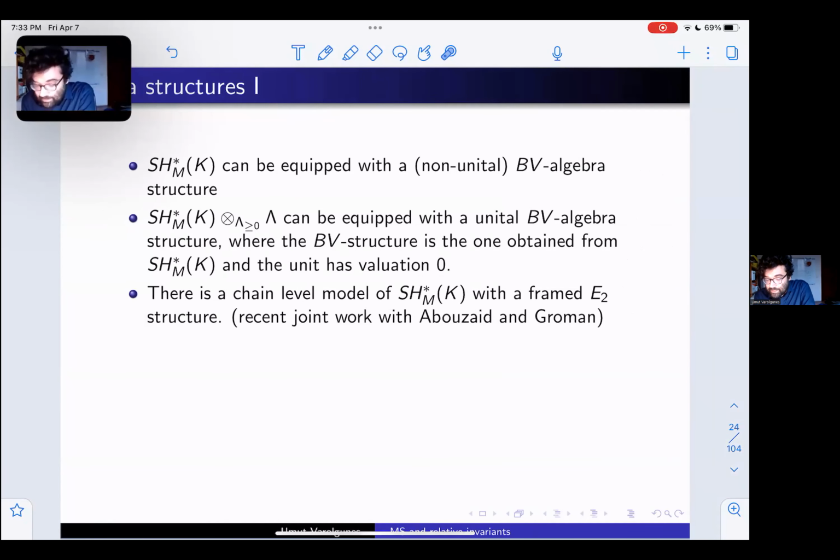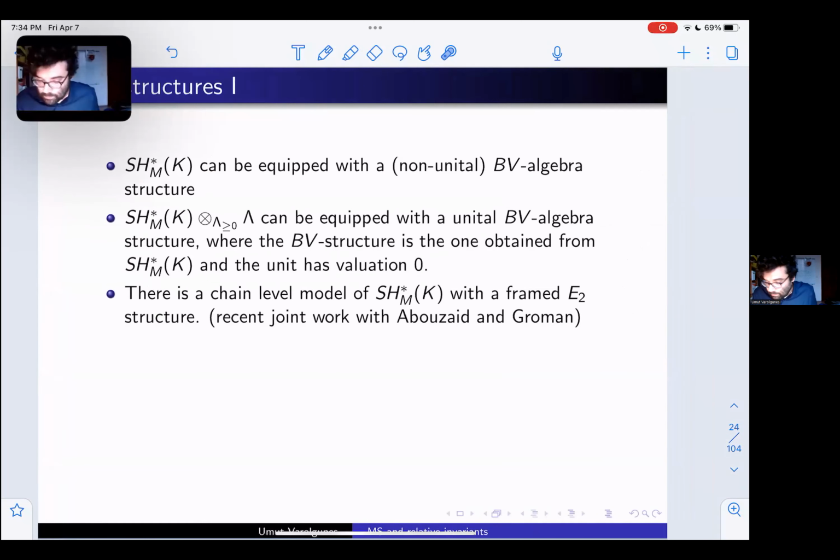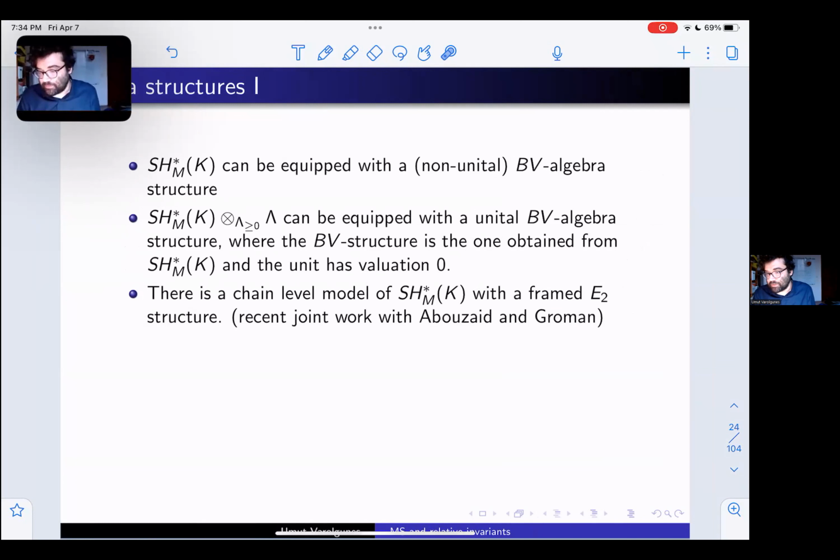Anyways, moreover, I talked about only cohomology level structures. There's actually a chain level model of this thing, a much bigger model than what I gave you in the previous slide, which admits an action of the framed E2 operad, the chains on the framed E2 operad. These are all expected structures of closed string.